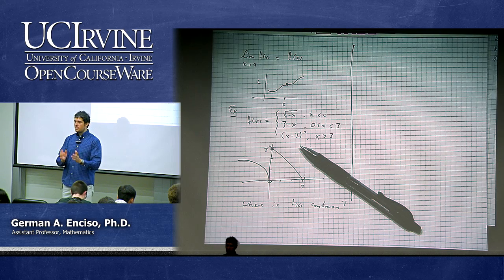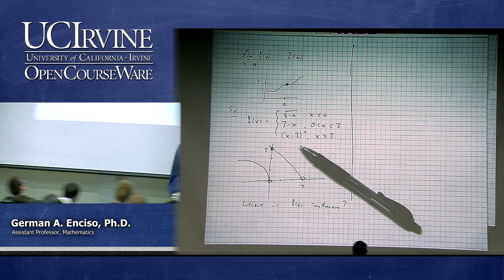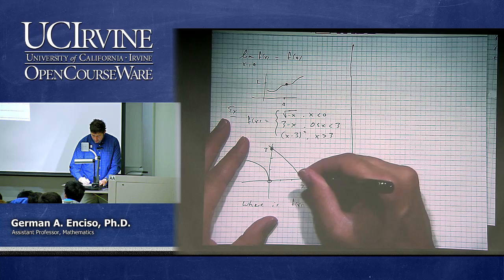That's right. So it looks like the function x squared, but it has been shifted to the right by 3, right? Great. So that means that it looks like this, more or less.